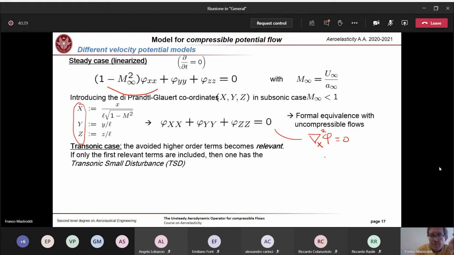You have transformed your problem from the physical space, x and zeta, to the Prandtl-Glauert space like that, capital X, capital Y. In this new space, you can treat this problem like an incompressible problem. But is it valid only in the steady case and linearized? Okay.